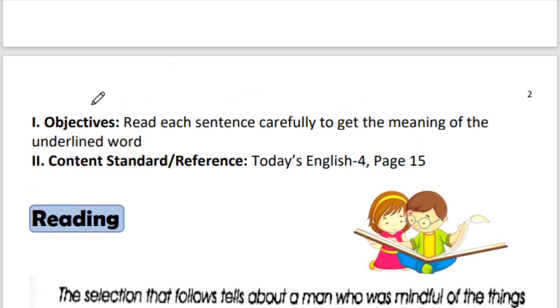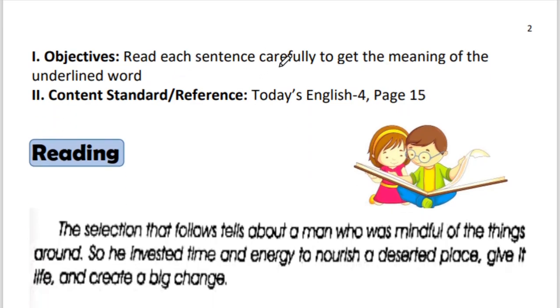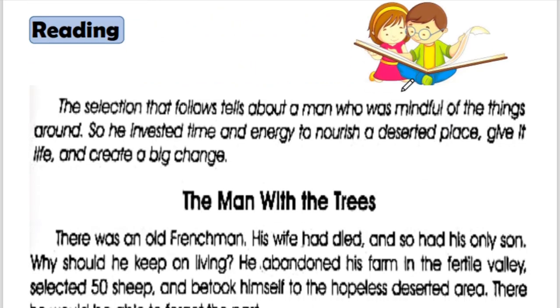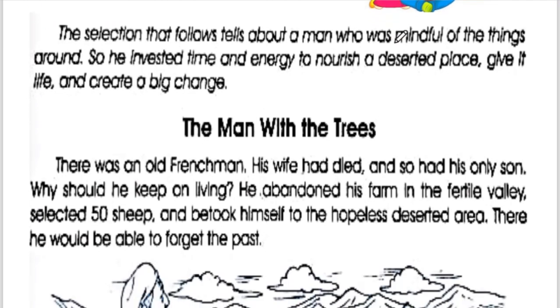In this page, we have our objectives, because at the end of our lesson, you're expected to read each sentence carefully to get the meaning of the underlined word. The reference that I am using for this lesson is Today's English 4, found on page 15. Reading.